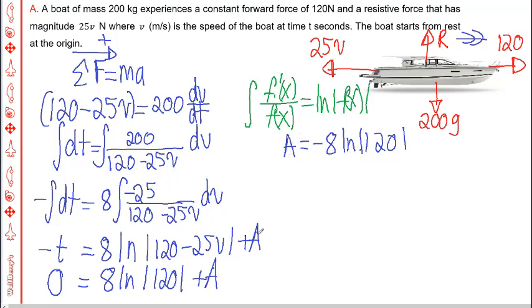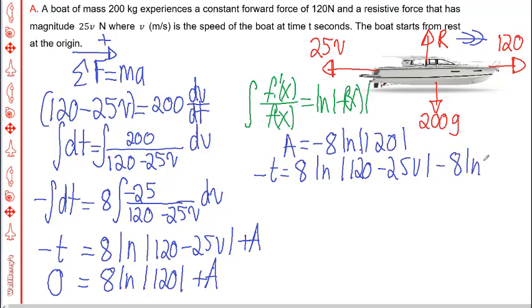Now, put this a back inside this equation. So your equation now becomes minus t equals 8 ln (120 minus 25v) minus 8 ln 120. Now, these two 8's here, we can take them as a common factor.